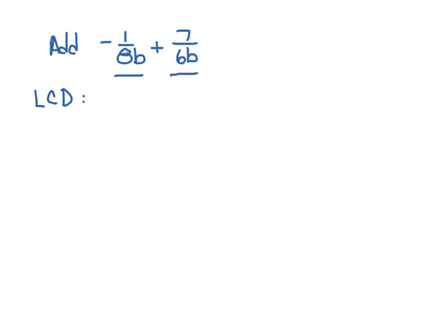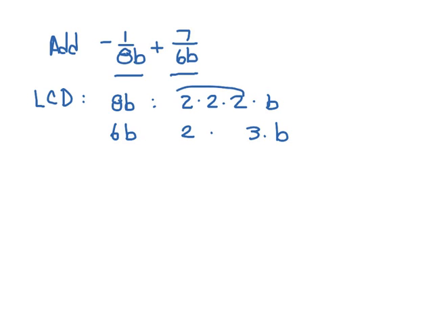So if you remember, we're going to have to look at 8b and 6b, and factor these out into their prime factors. So 8 is 2 times 2 times 2, and then we have a b. And then 6 is 2 times 3 times b. And if you remember, we're going to take the most of each factor that we have.